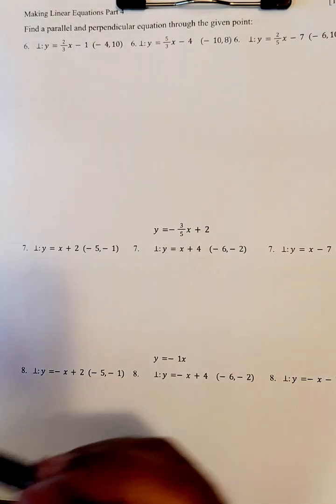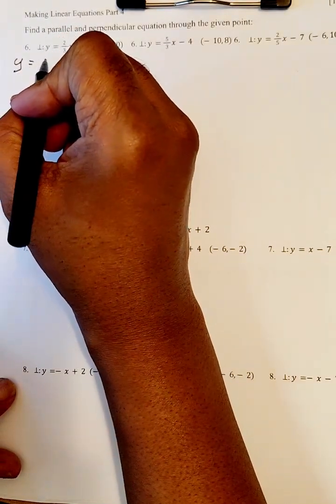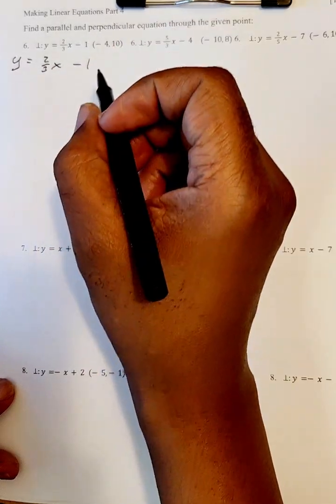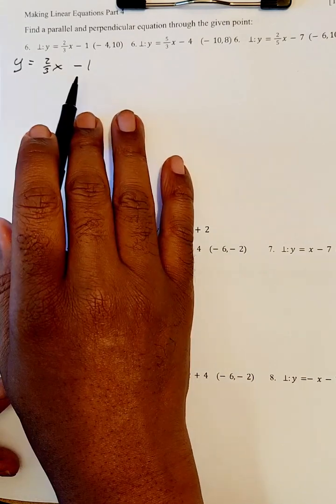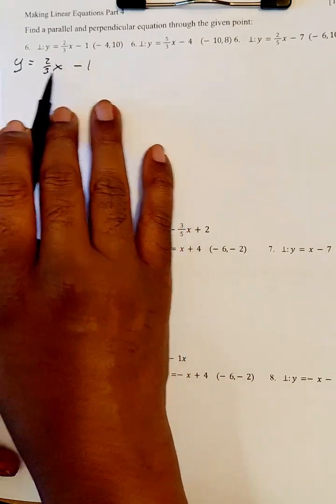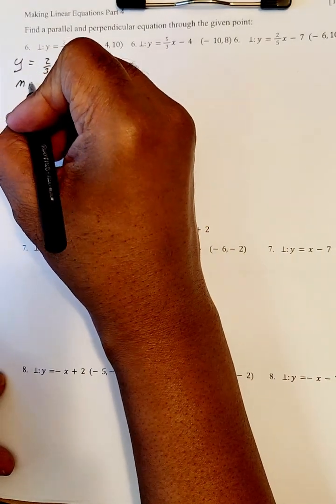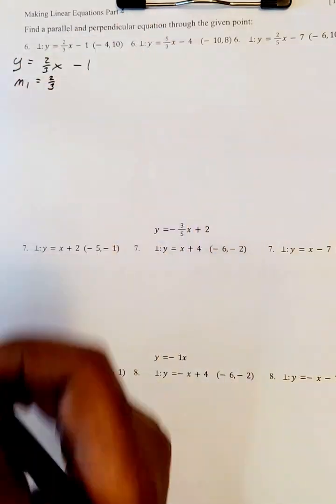We have y equals 2/3 x minus 1. And we want to make a new line that is going to be perpendicular to this one. So the slope of this first line is 2/3.